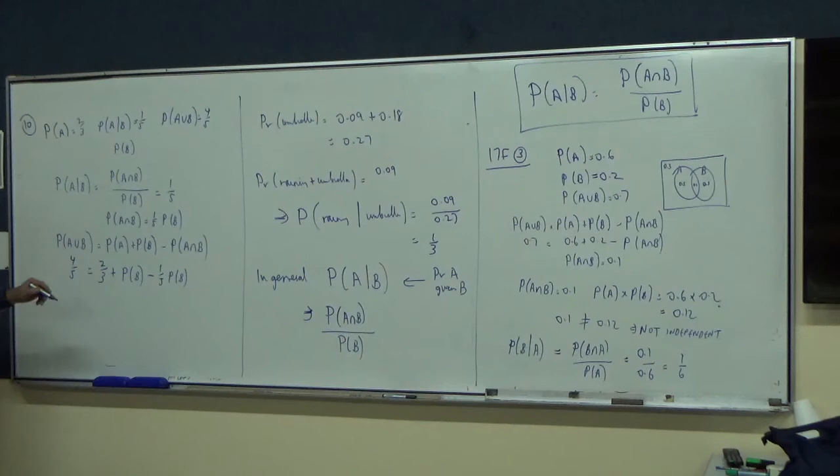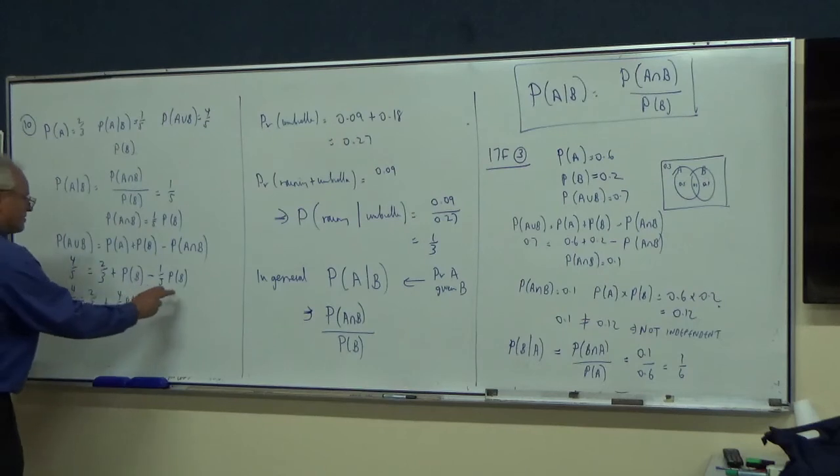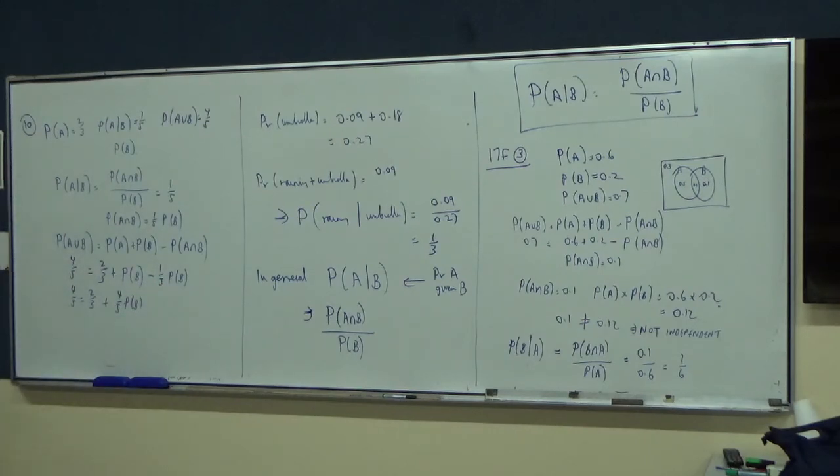I had two unknowns, the probability of A intersection B and the probability of B, but the probability of A intersection B is just 1/5 of the probability of B from what they gave us. So, 4/5 equals 2/3 plus 4/5 times the probability of B. The probability of B minus 1/5 of the probability of B leaves me with 4/5 of it.